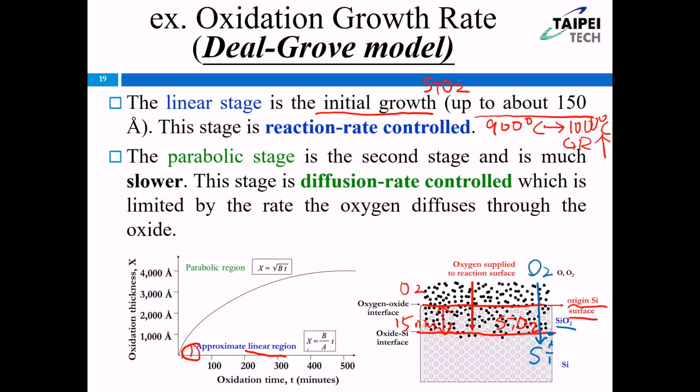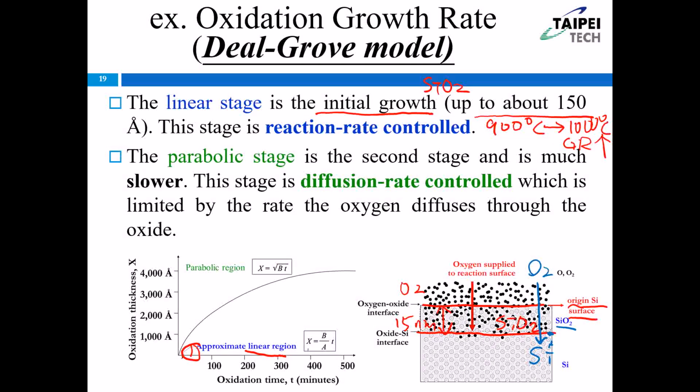So right now, you see, the silicon surface is here. When the silicon surface is here, do we have a lot of oxygen or not? We don't have a lot of oxygen here, right?